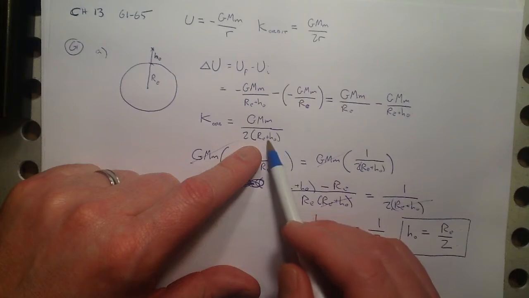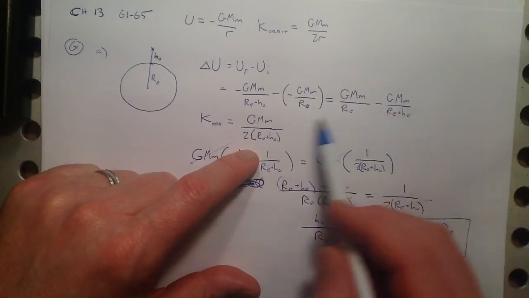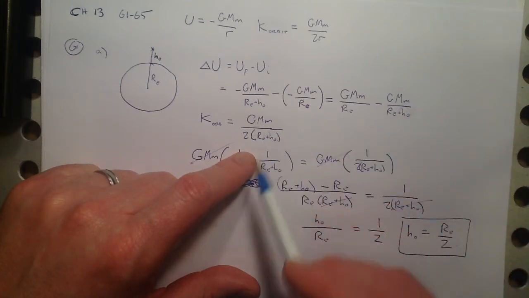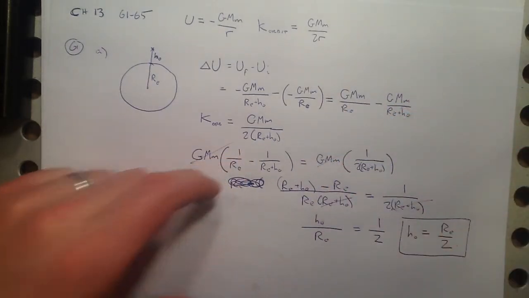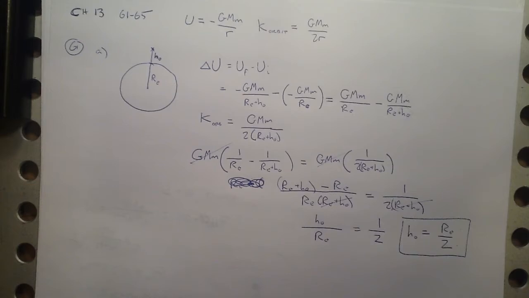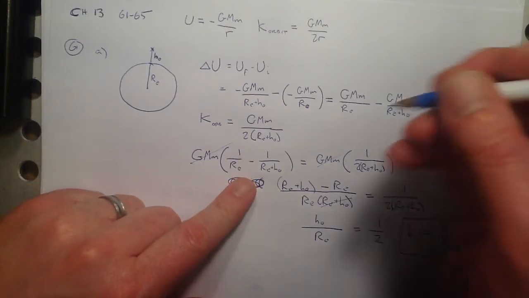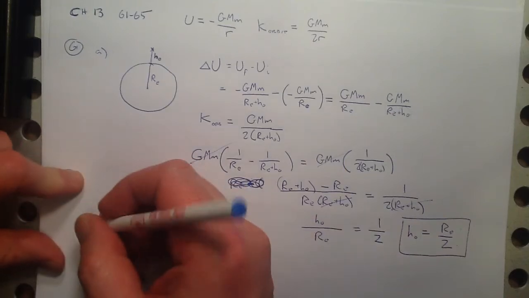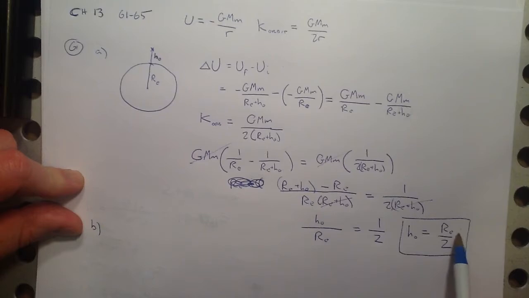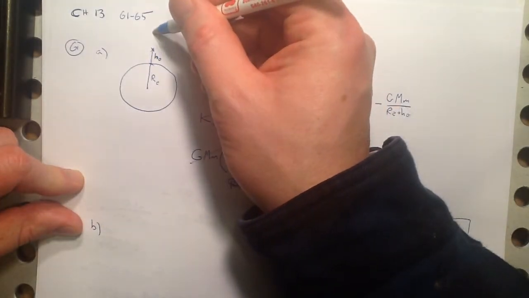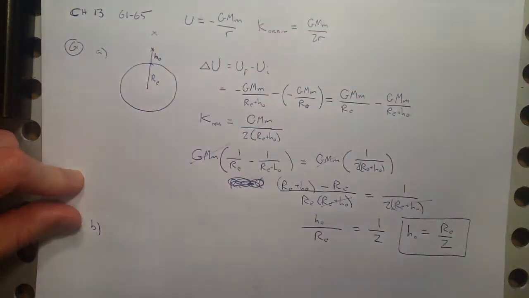And that's going to have a greater effect here than here. If you're not convinced, you can try plugging in a value, so let's try this real quickly to convince ourselves. In part B, let's say we lift it to a height of the whole radius of the Earth above the Earth.